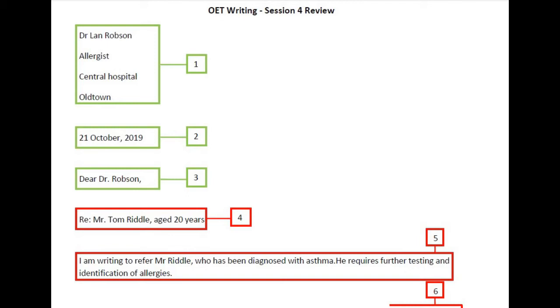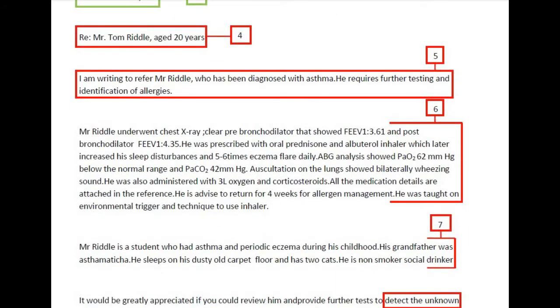Looking into the details of the letter, we could see that the address, date and salutation are correctly written. But when it comes to the reference, it can be a bit more refined. While writing the reference, you may avoid the word aged. So, the reference can be written as RE: Mr. Tom Riddle, 20 years. Moving to the introduction paragraph, it is well written in terms of grammar but is less impressive.